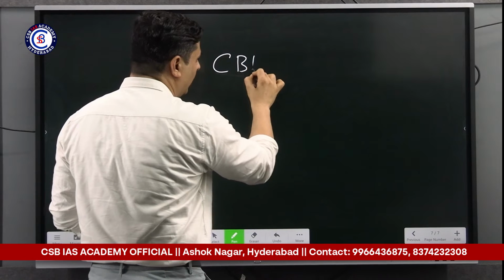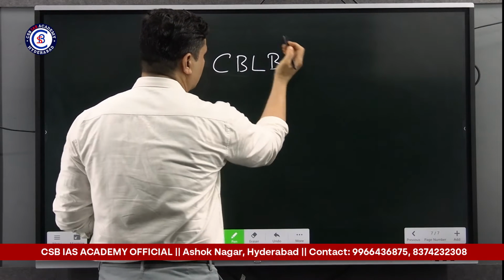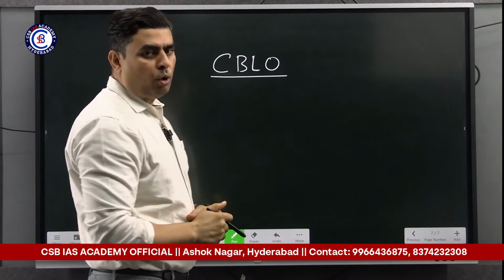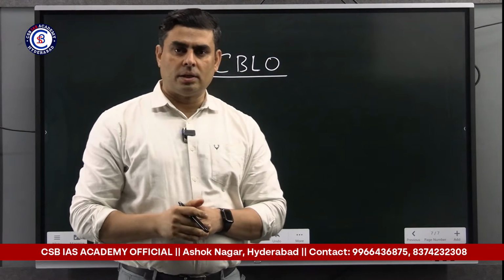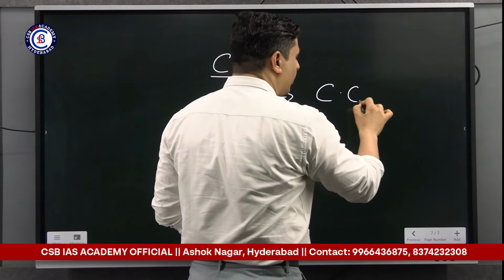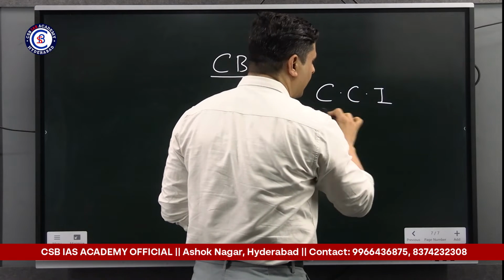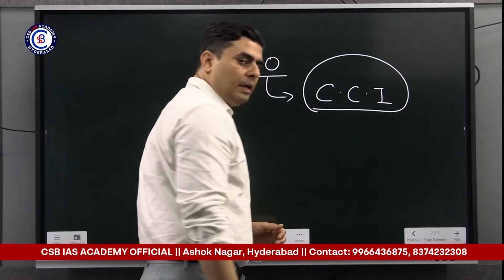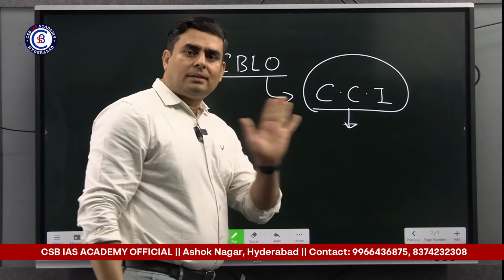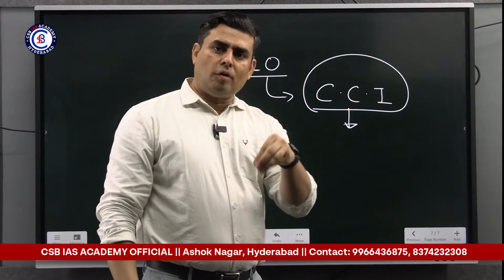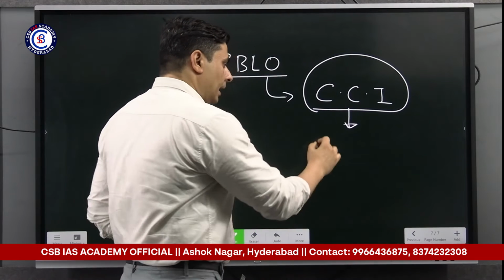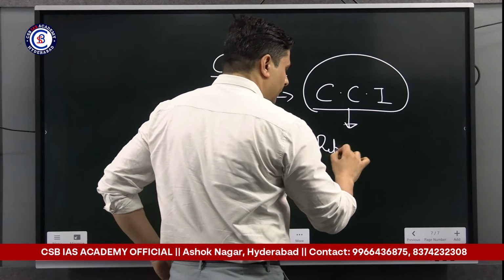For that purpose, RBI introduced the collateralized borrowing and lending obligation, CBLO. Collateralized borrowing and lending obligation. Here, under the Clearing Corporation of India, banks and all other financial institutions, all financial institutions in India registered with RBI, can participate in what?